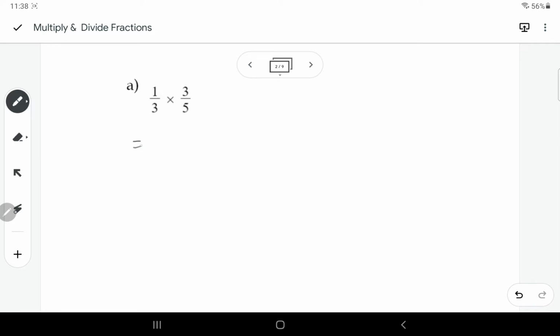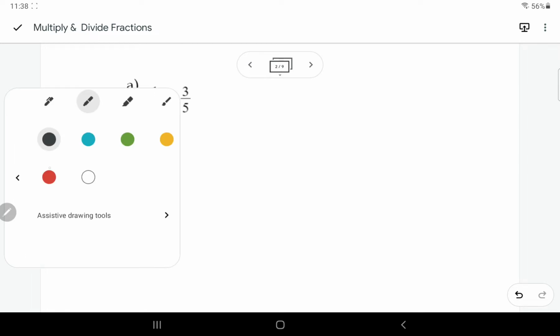Now this first example, I have 1/3 times 3/5. So if I follow that rule of multiply the numerators together and multiply the denominators together, I get 1 times 3 is 3 on top, and 3 times 5 is 15 on the bottom. Now that worked pretty well, but this fraction is not in lowest terms.